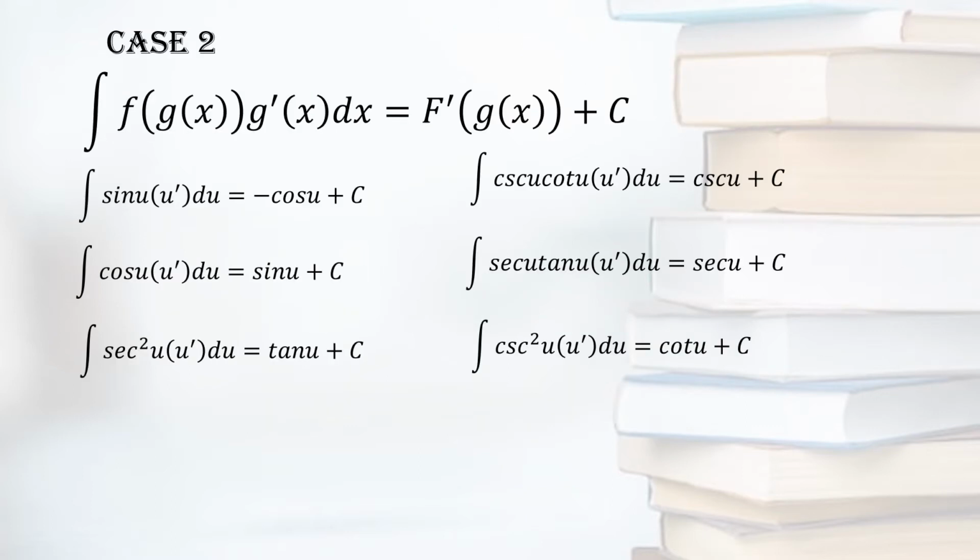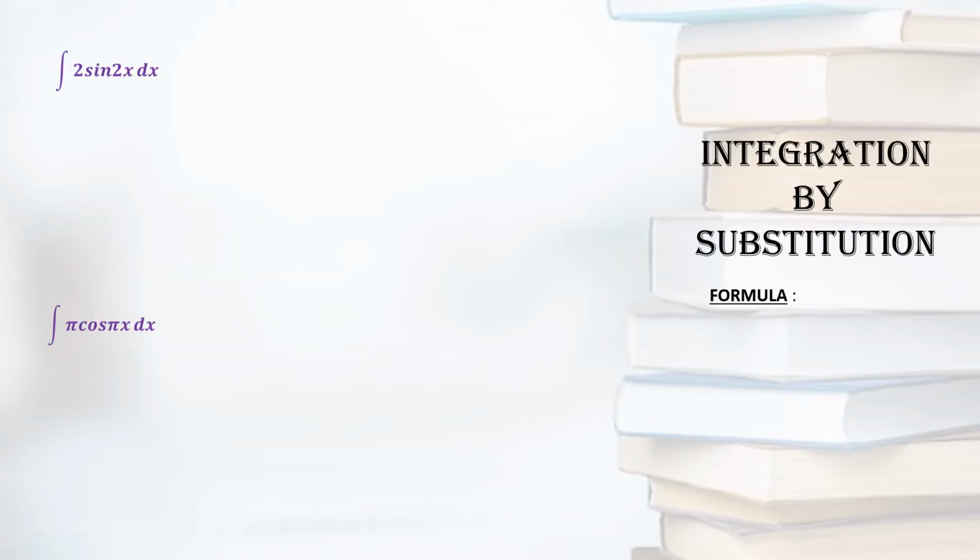Let's see, if the trigonometric function becomes the outer function, sine changes into negative cosine, cosine into sine and so on, and the angle which you suppose as the inner function stays as it is. Let's practice a few questions using the long method first, and in the next video I will tell you how to solve such questions with the short method.